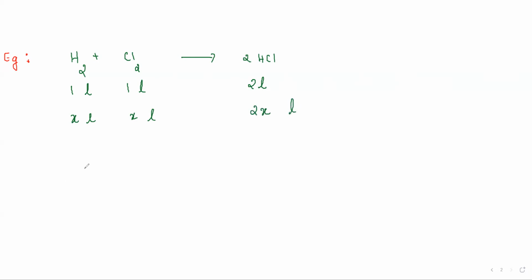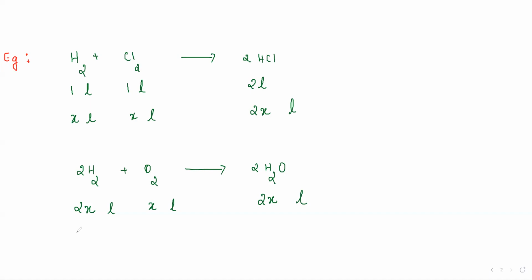Similarly, if you consider 2H2 plus O2 gives you 2H2O, formation of water vapor, then according to Gay-Lussac's law, 2x volumes of hydrogen requires x volumes of oxygen to give you 2x liters of water.